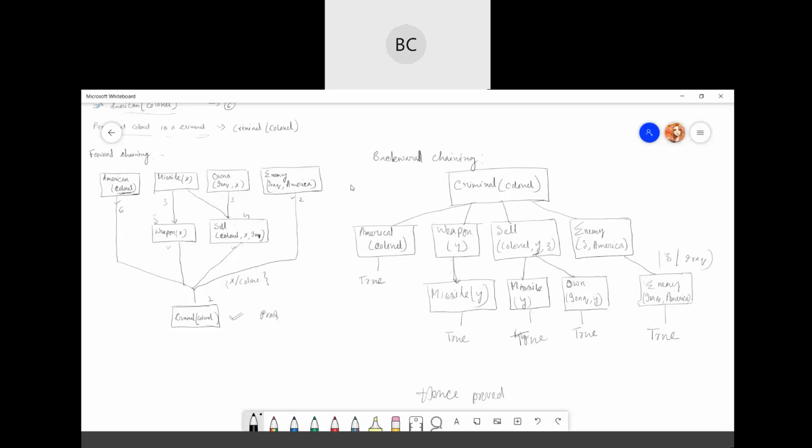Clear? Both types? Just go by the definition.